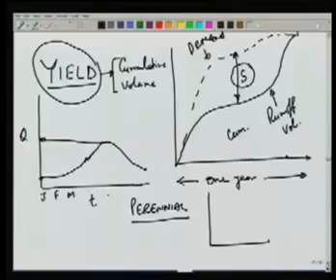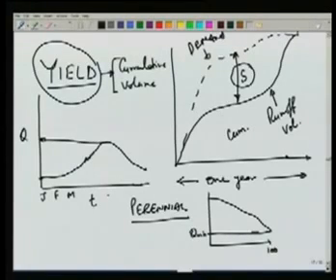And therefore, if you draw the flow duration curve, the 100% will correspond to some finite non-zero value of Q.